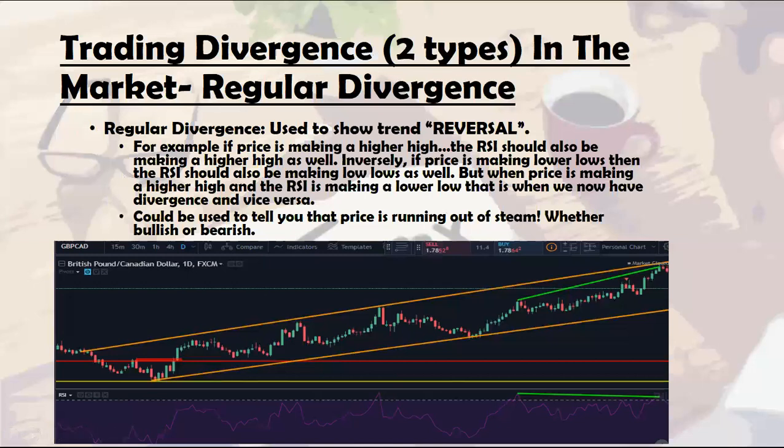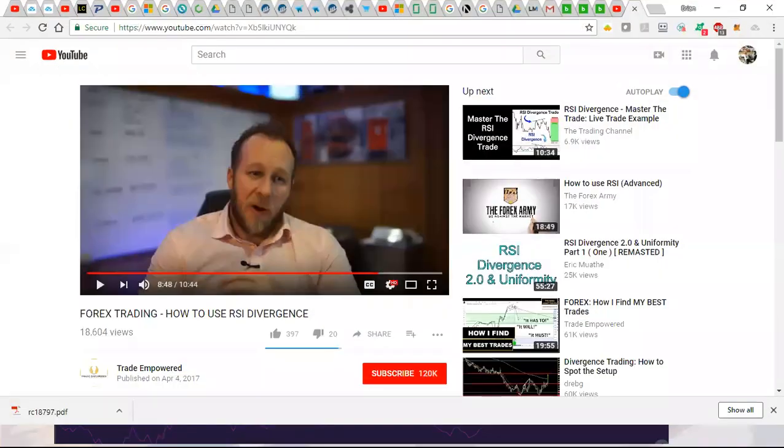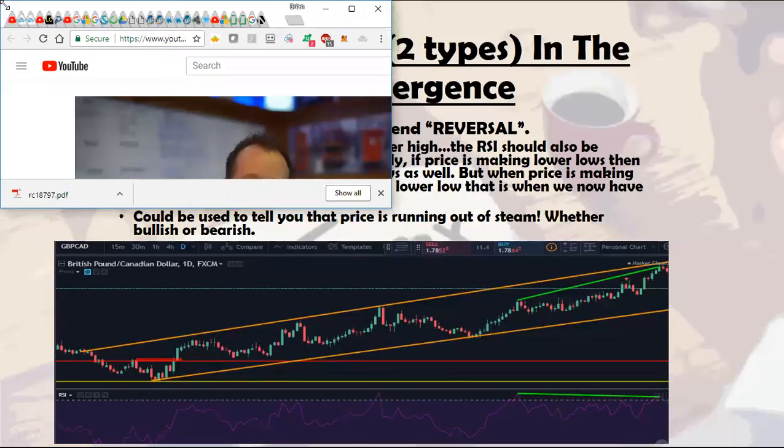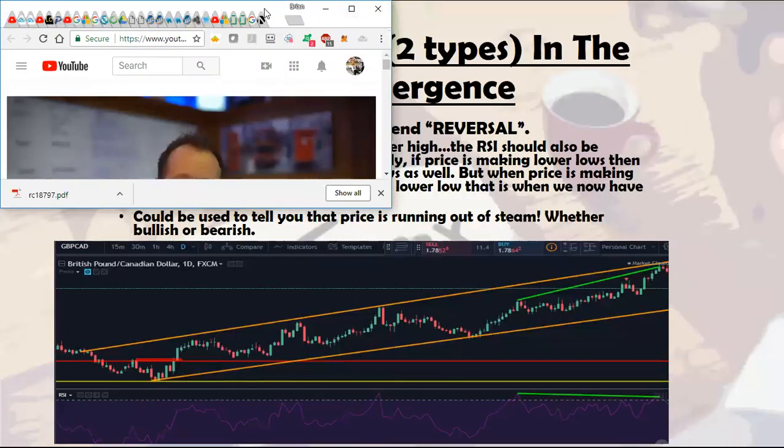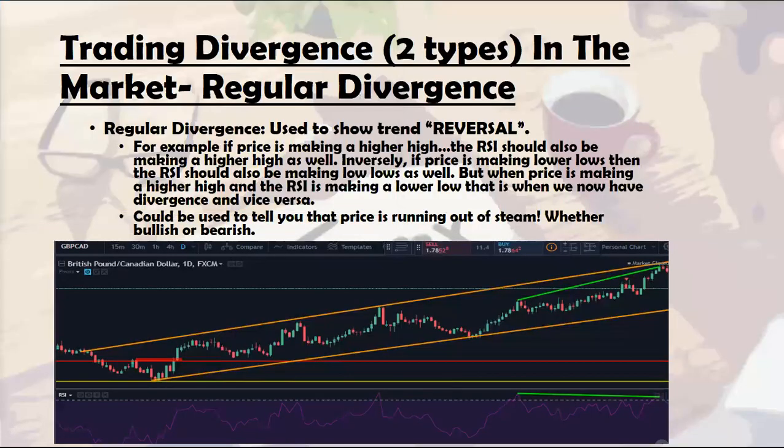When you're trading, make sure you aren't tunnel-visioned on one strategy or using just one confirmation, because that's not how you want to trade.